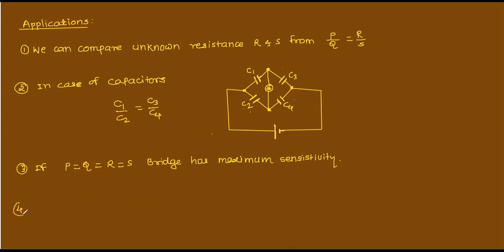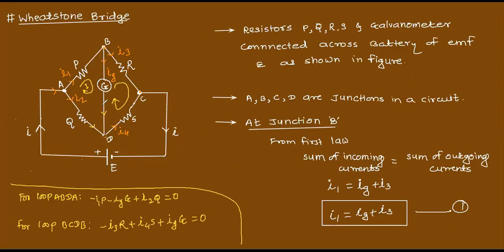And the last one, equivalent resistance of this bridge. How to find the equivalent resistance? When the bridge is balanced, if you see the first diagram, Ig is equal to 0.